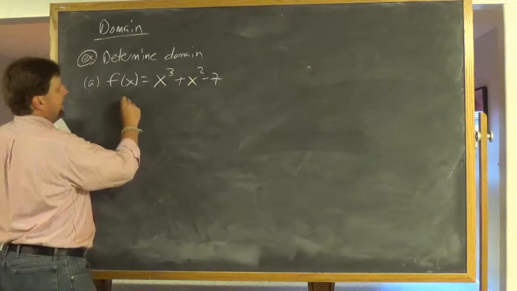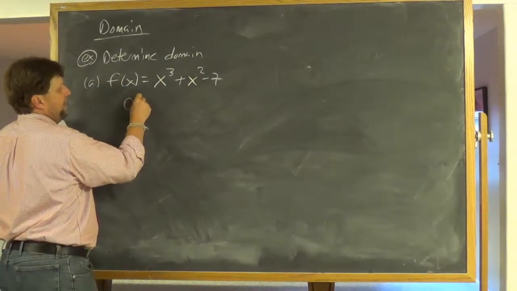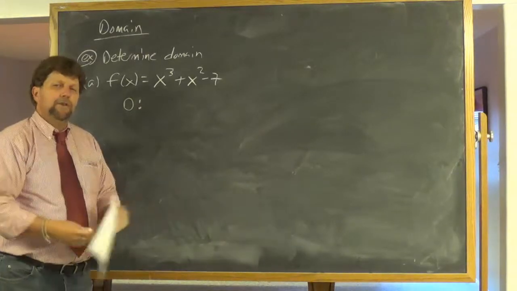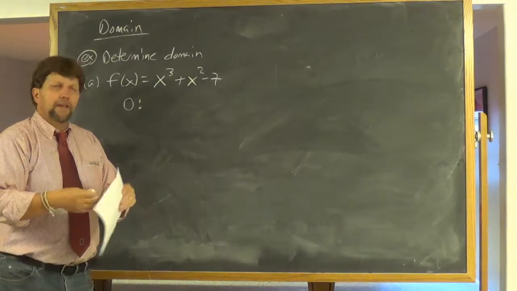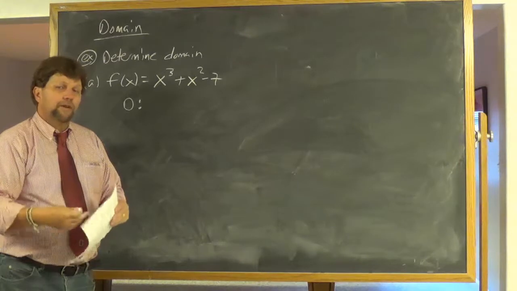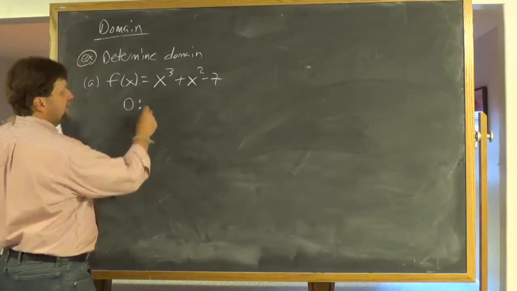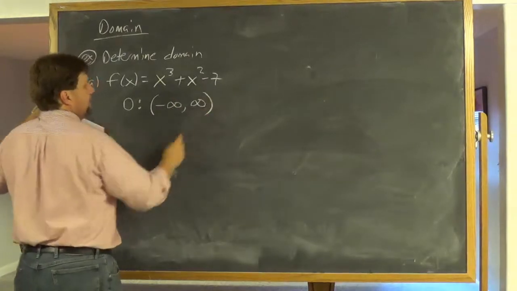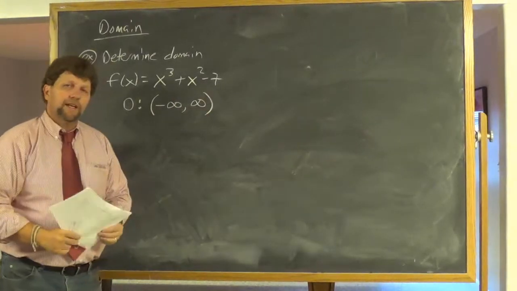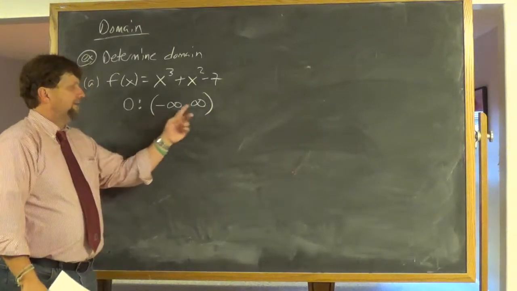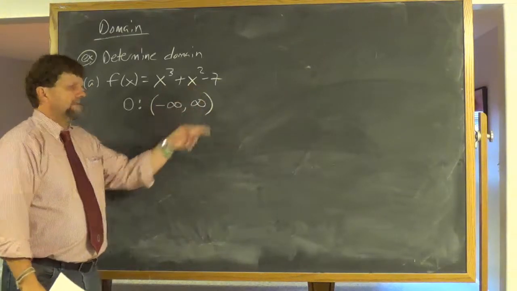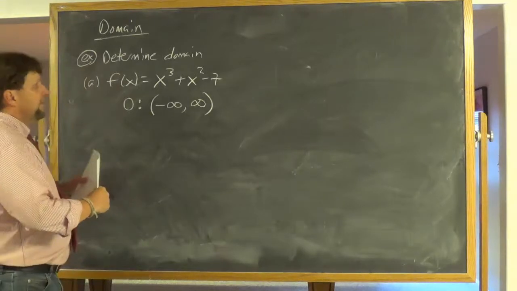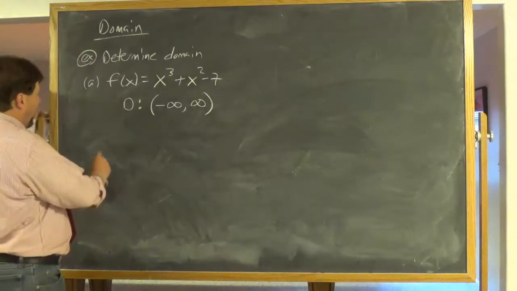So the domain, I'll just write domain as a D and then make a colon. The domain is any number you can think of. In other words, the domain is all real numbers. Now we write the domain in interval notation, and that's how we would write all real numbers in interval notation, from negative infinity to infinity with parentheses around negative infinity and infinity. So let's look at the next one.